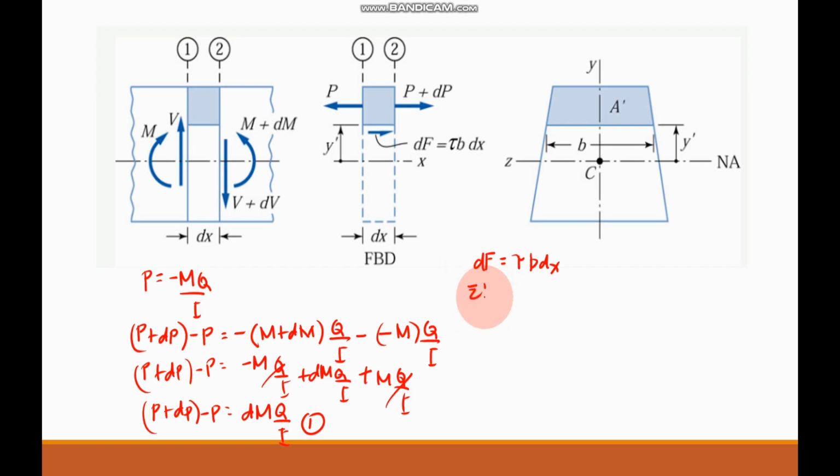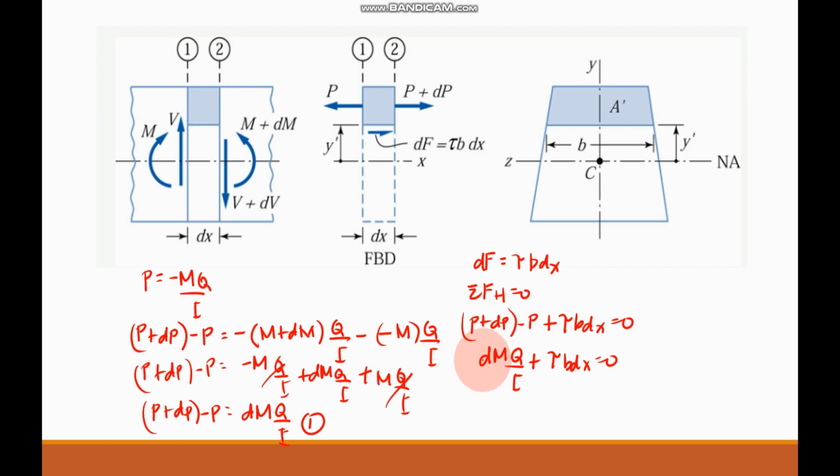Therefore, taking the summation of forces horizontal is equal to 0. So we have P plus dP minus P plus the shear stress multiplied by B dx is equal to 0, in which P plus dP minus P is equal to the differential M multiplied with Q all over I, plus shear stress of B dx is equal to 0.